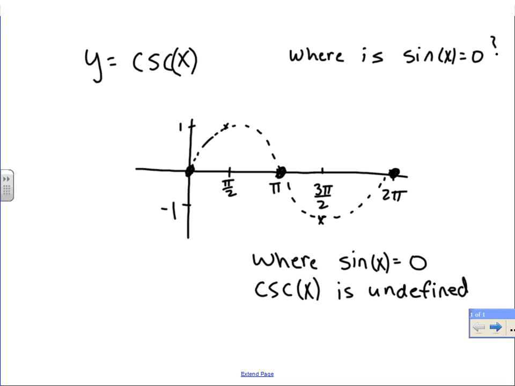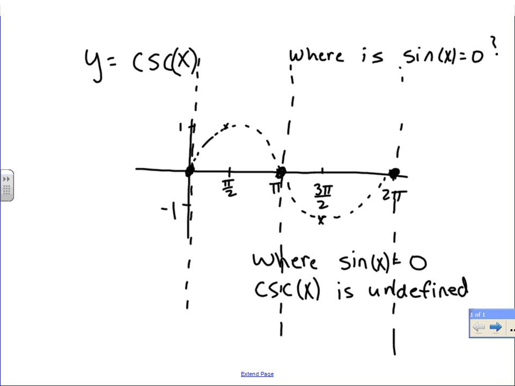So where sine is 0 on my graph, the ones I just dotted in, 0, pi, and 2 pi, that is where cosecant is going to be undefined. So at those values, I'm going to have asymptotes: an asymptote at 0, an asymptote at pi, and an asymptote at 2 pi.